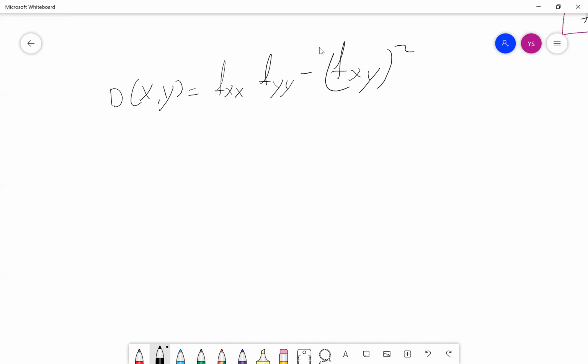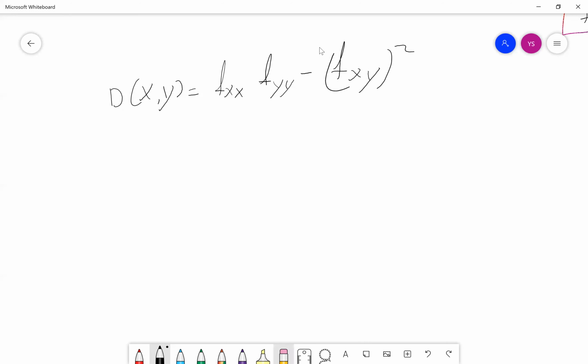And then the stuff that we're doing today, which is absolute minimums and maximums. And then what we're doing tomorrow, which is going to be Lagrangians.